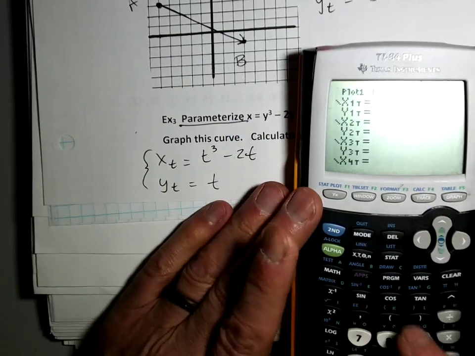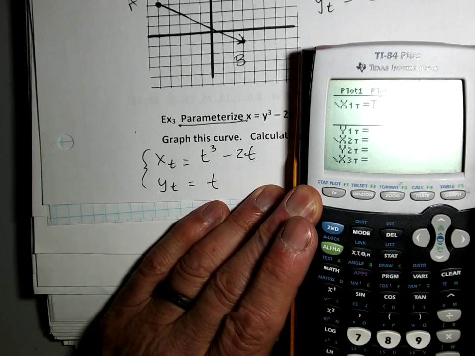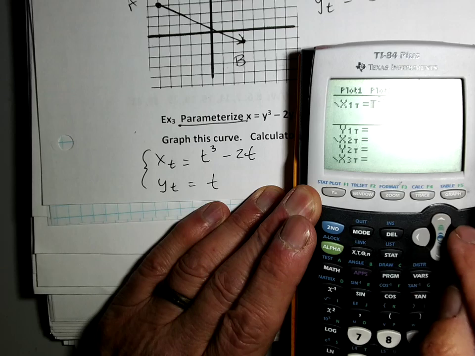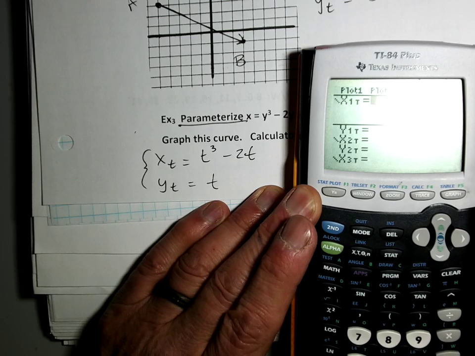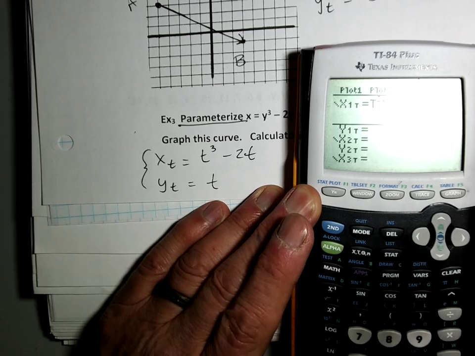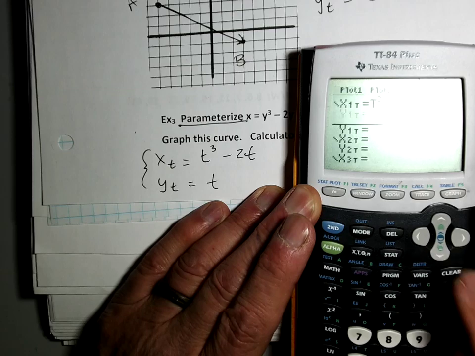But if I go to t cubed, subtract 2t, and, oh, hold on, sometimes I hate these new calculators. Let's go t cubed minus 2t, and if I just go t.